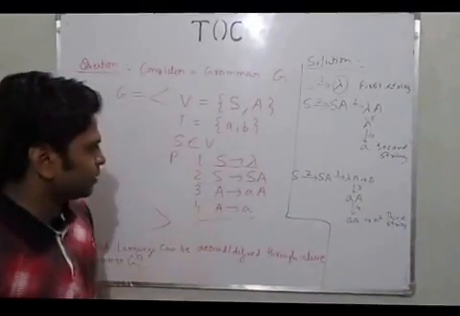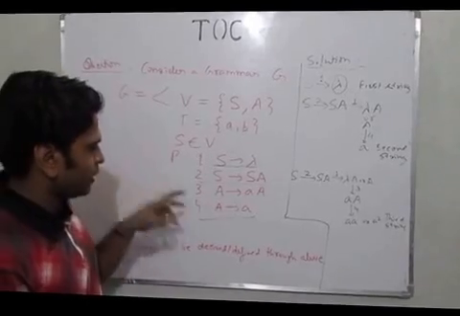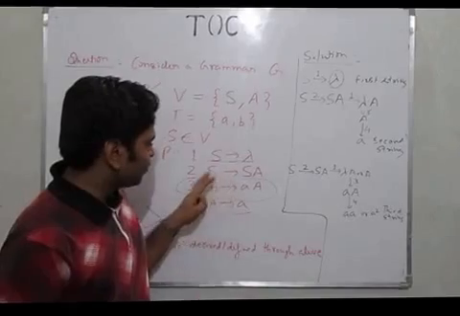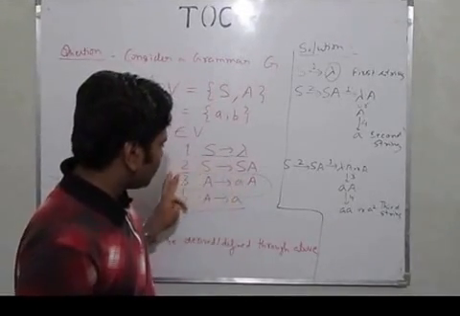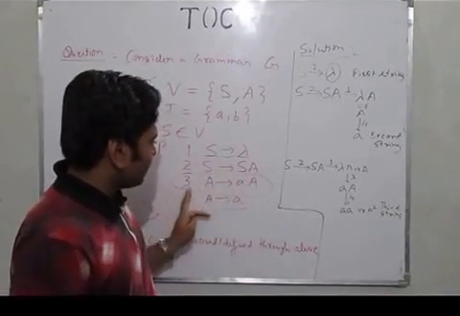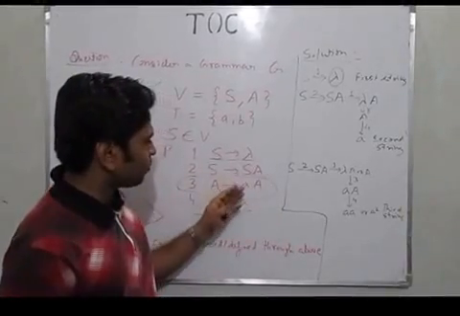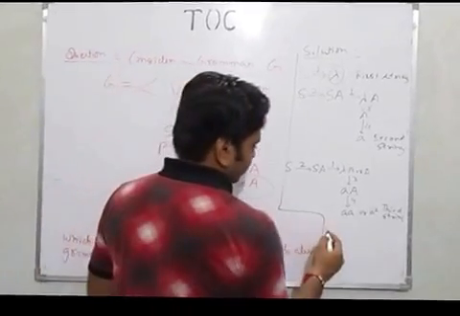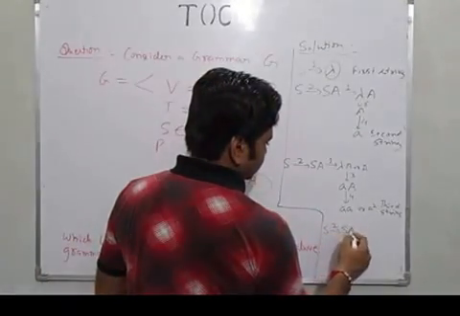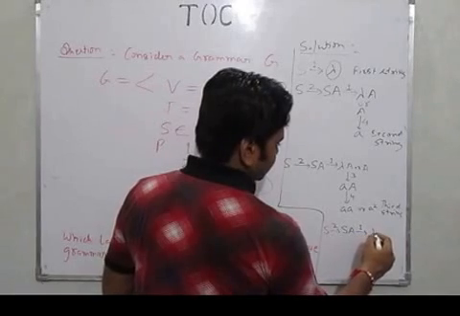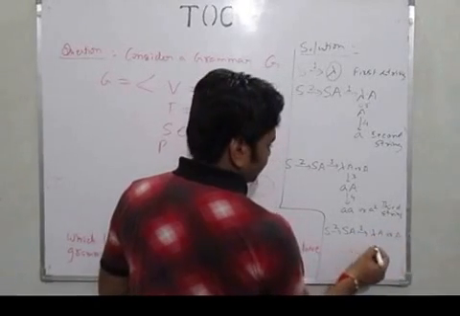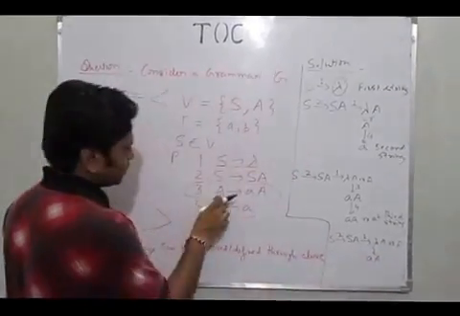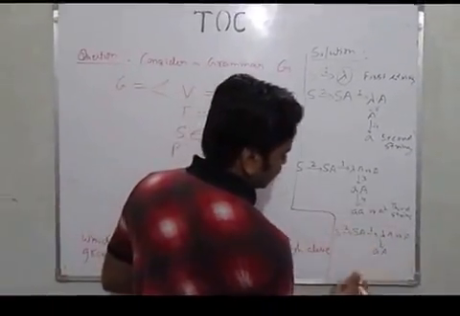Fine. Now I am in a position to generalize it. I can generalize it here: using this production, I am going to obtain a set of consecutive a's. As long as I am using this production, I would obtain as many a's. Let us check that with another example. Suppose I am using this production once again, and if I move to A, now I am in a position that using this production I can generate as many a's as possible.